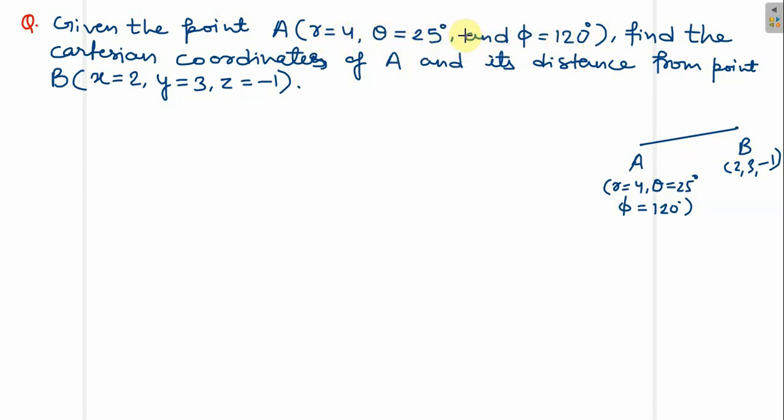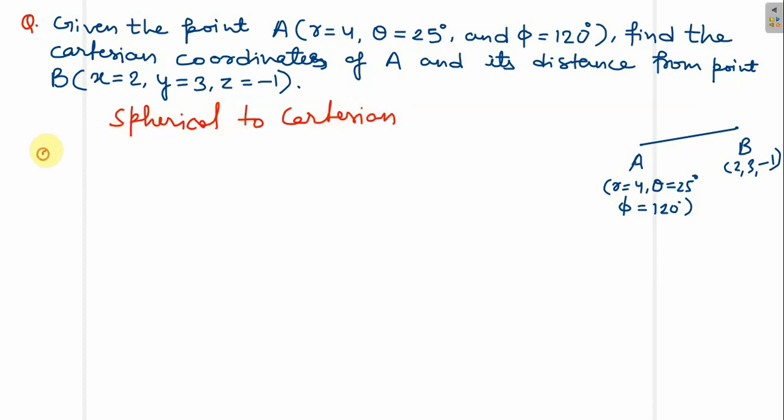Okay, so the first job is to find the Cartesian equivalent of this A point, which is given in spherical coordinates. So we can recall the formula from spherical to Cartesian. In the earlier classes we have discussed from spherical to Cartesian, we have the conversion formulas with us.